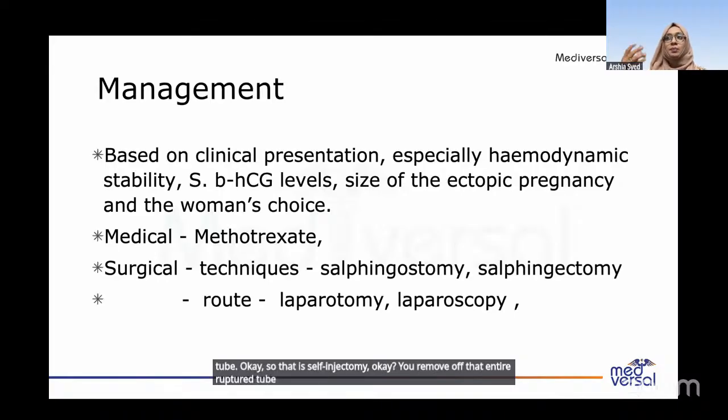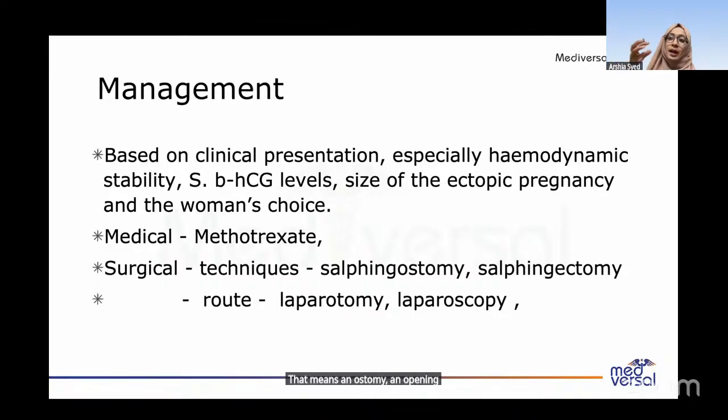If it's a ruptured tube, you cannot save the tube anymore. It's ruptured, it's damaged completely. There's no saving the tube. But if the tube is not ruptured, you can just make a nick on the tube, that means an ostomy, an opening on the tube, and evacuate whatever has been inside that tube and let the tube heal on its own.